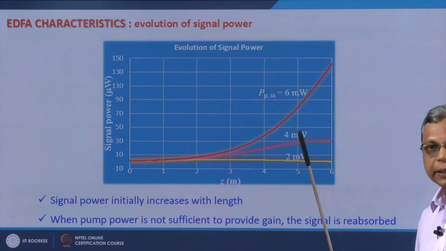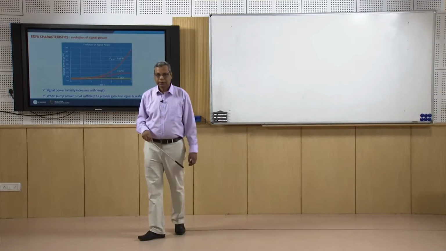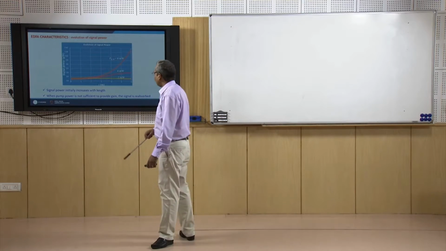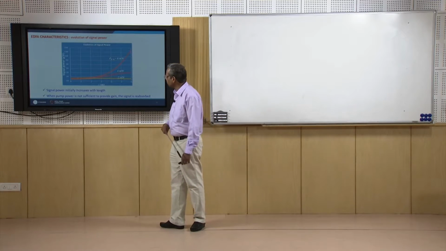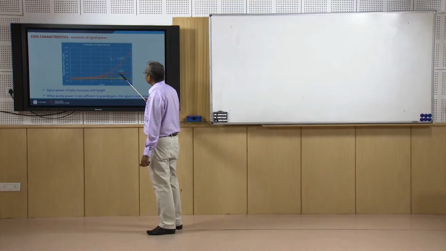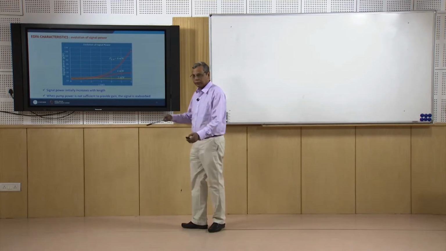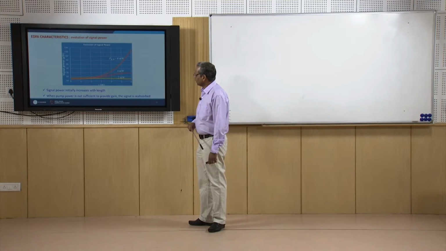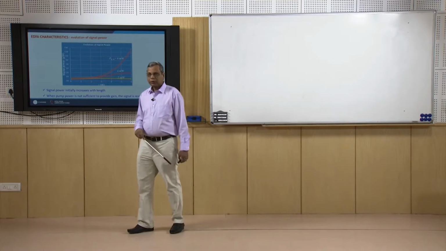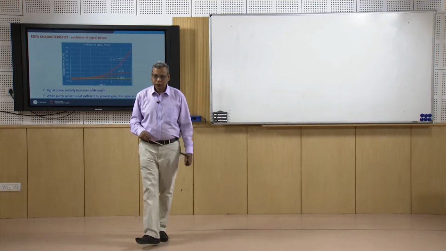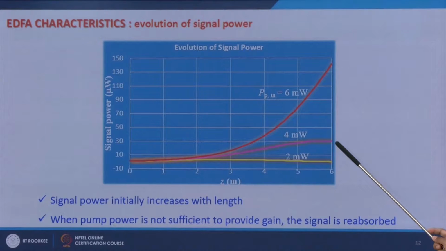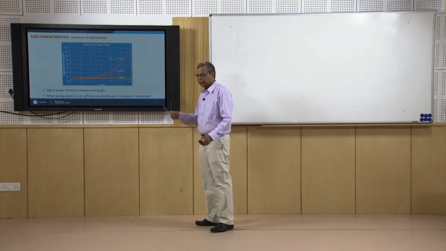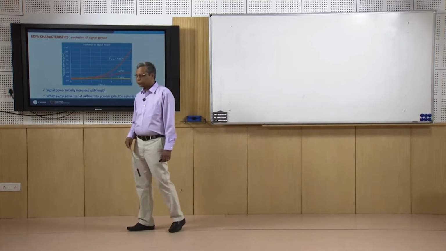When the pump available is not enough to compensate for losses or to provide sufficient population inversion, then this gets saturated. So, even if you do not consider any losses, if the pump power is not sufficient to provide enough population inversion, then the gain gets saturated here, and after that it may even fall, because then the signal gets reabsorbed.